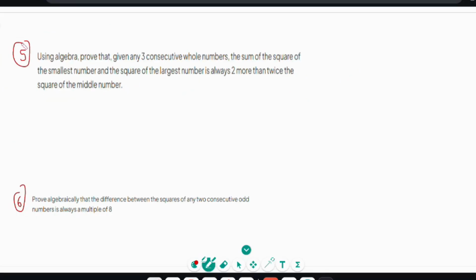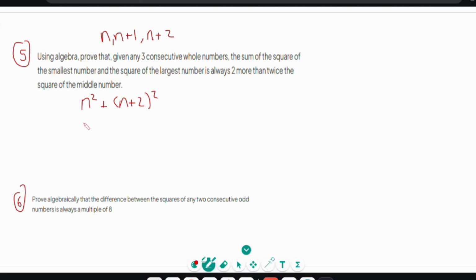Okay, so using algebra, prove that given any three consecutive whole numbers, the sum of the square of the smallest number and the square of the largest number is always 2 more than twice the square of the middle number. Right, so 3 consecutive whole numbers. The sum of the square of the largest number, the smallest number and the largest number. Okay, well, I could have left that, but let's write that out again.